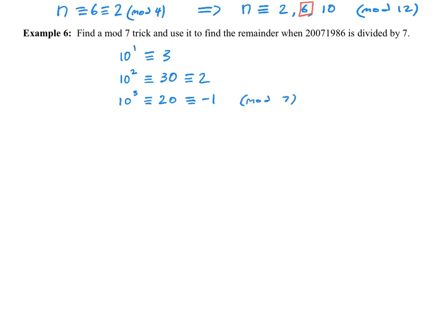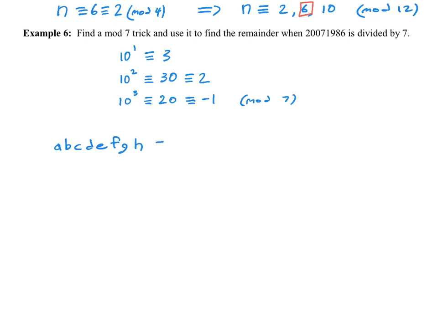Okay, so to describe this trick in general, let's just write down an arbitrary number. Let's just say we have an 8-digit number, for example. We have A, B, C, D, E, F, G, H. So for this number, because we got 10 to the power 3 as our nice power that reduced to minus 1, I would like to see 10 to the power 3 in this number that I just wrote down.